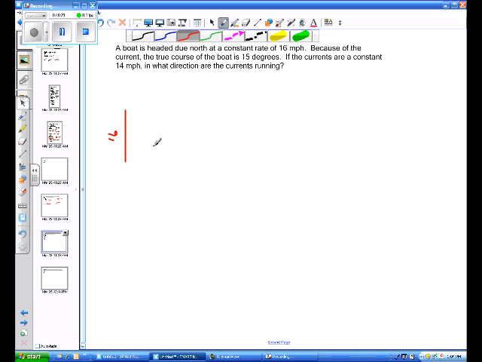Heading is always what the instruments are saying. But we have currents, and we know that the currents can push you different ways so that you're not on course. Well, that's what's happened here: the true course is actually 15 degrees. So the course is actually going off here 15 degrees.